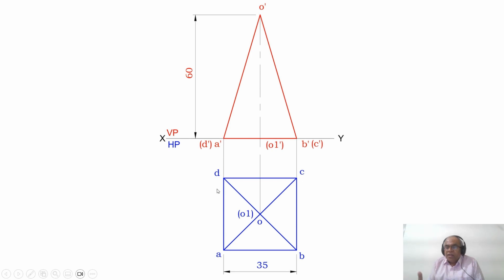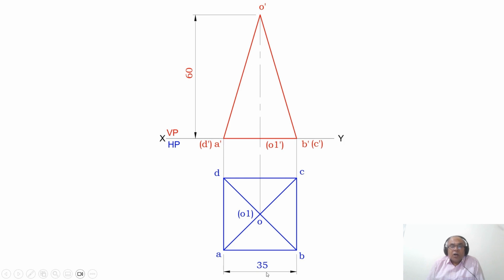This is how you should analyze how to place the initial position of the solid when you want the triangular face or the slant face to rest on HP. Now, here, since a square is an even-sided figure, the edge opposite will always be an edge. Once your resting edge is perpendicular to VP, the triangular face will become perpendicular to VP. This is how you will be able to fix the initial position.